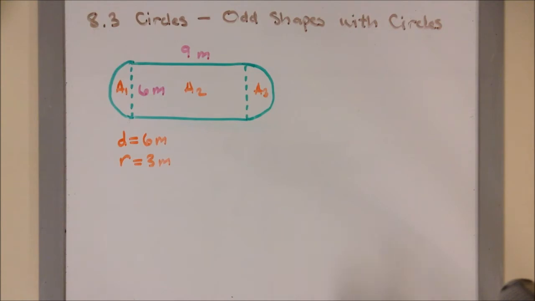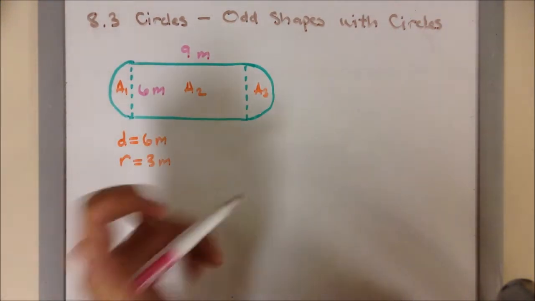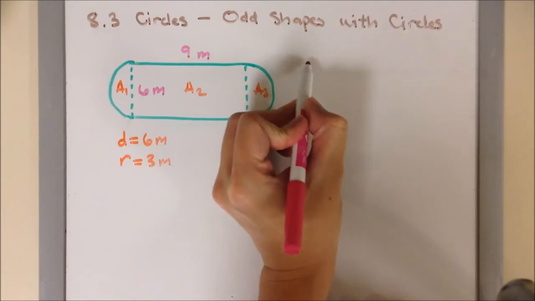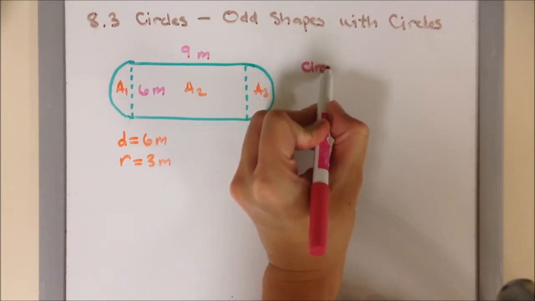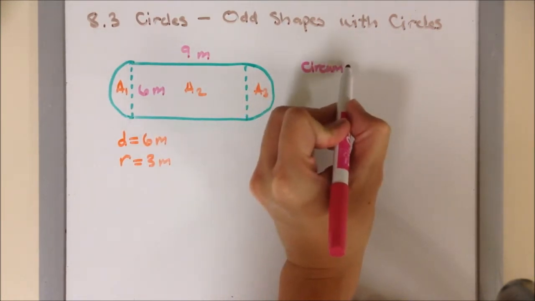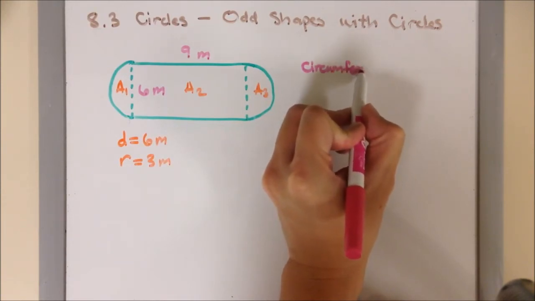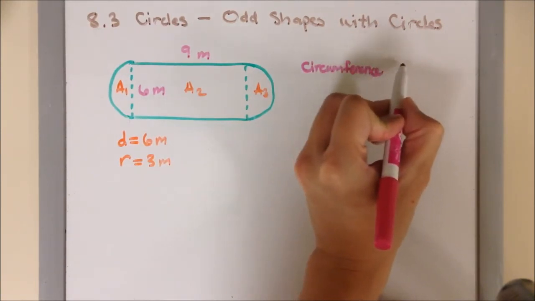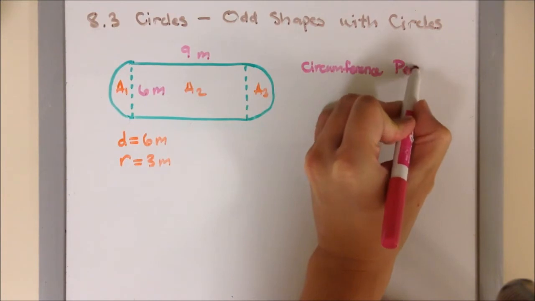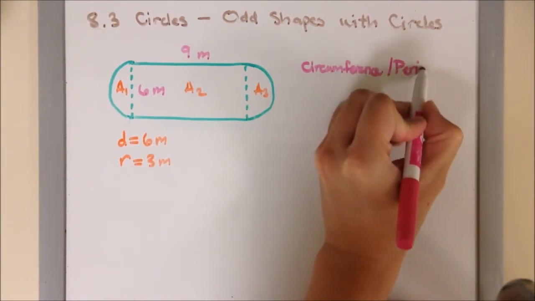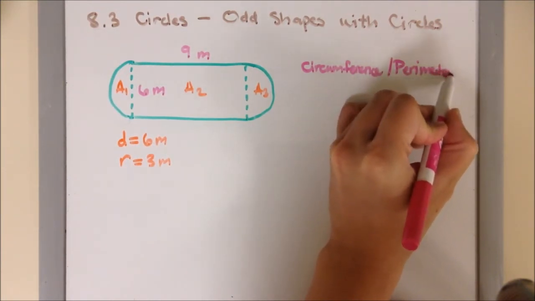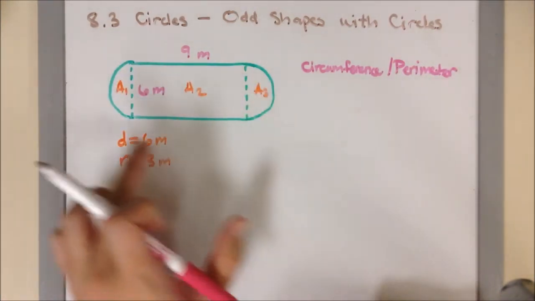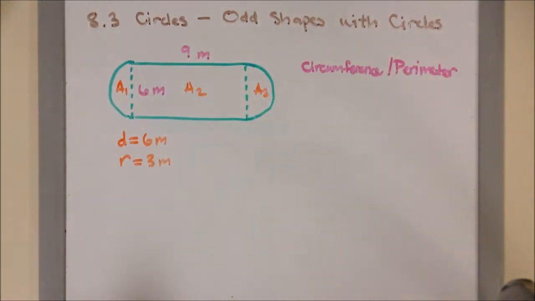If you're looking for circumference, so let's talk about circumference slash perimeter. So we're looking for the distance around the whole shape.